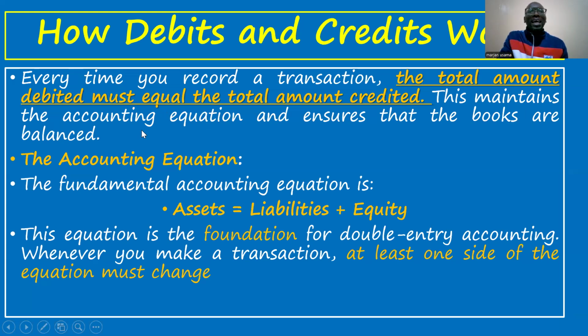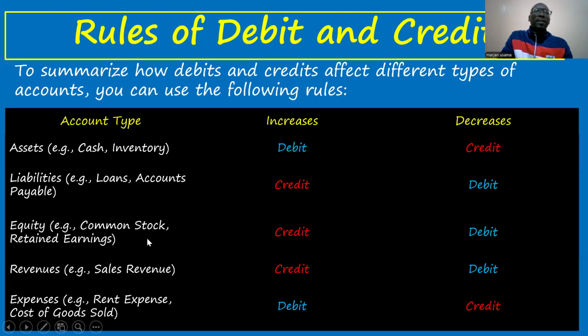This maintains the accounting equation and ensures the books are balanced. So this is the equation, and this equation is the foundation for double entry accounting. Whenever you make a transaction, at least one side of the equation must change. This is just a repetition of what we were trying to explain.